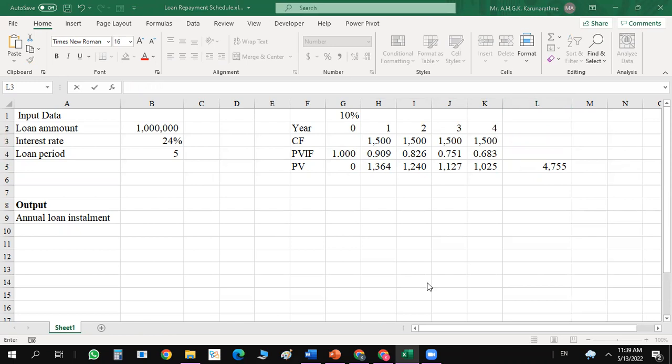This is an annuity. An annuity is a series of constant, continuous, uninterrupted cash flows that occur periodically for a definite period, from the end of year 1 to the end of year 4.